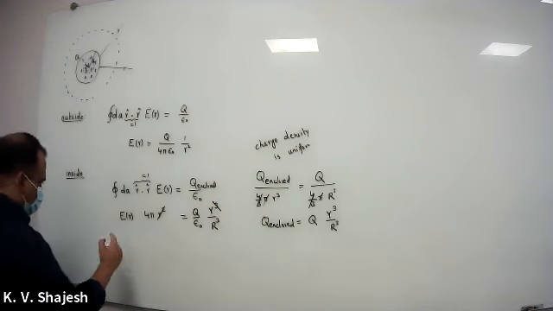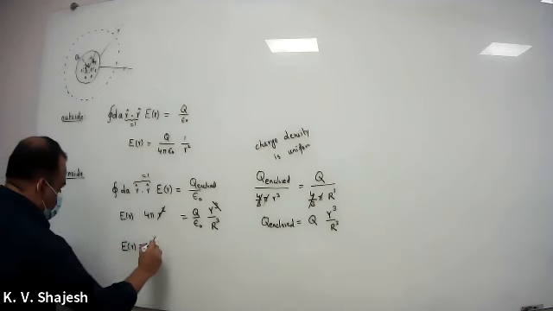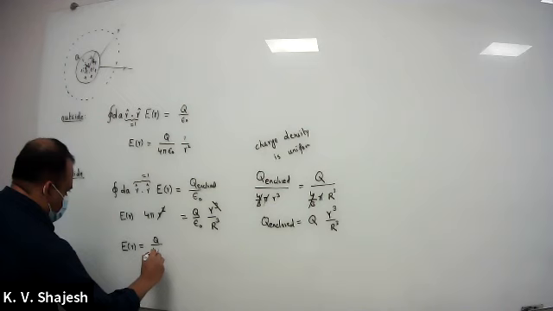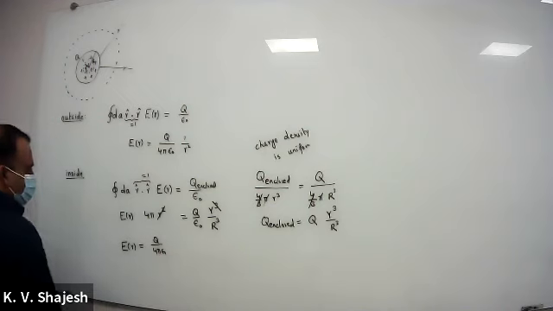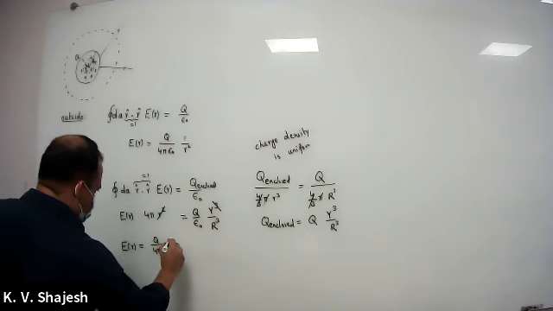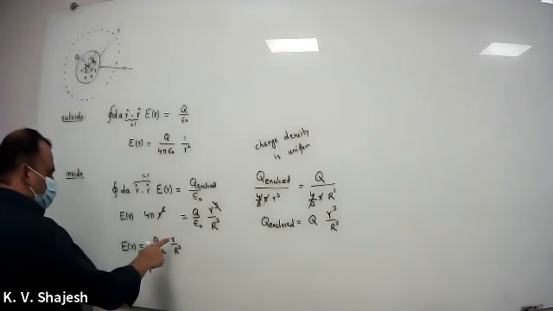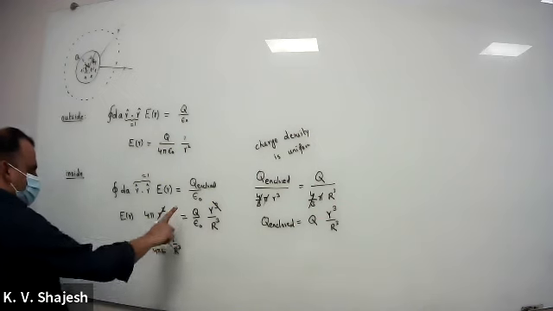So if I were to rewrite this, the electric field is equal to Q over 4 pi epsilon naught, and now this is r over R cubed. That's a constant, and r that is changing, in the numerator, is linear.